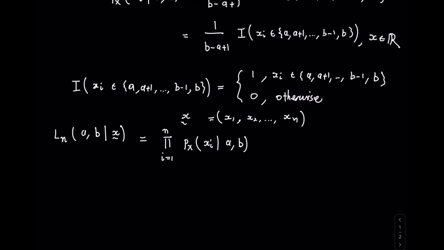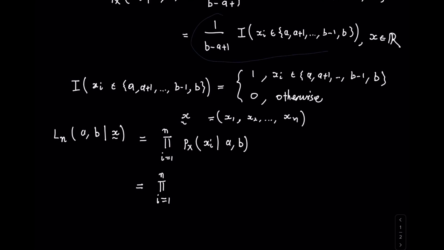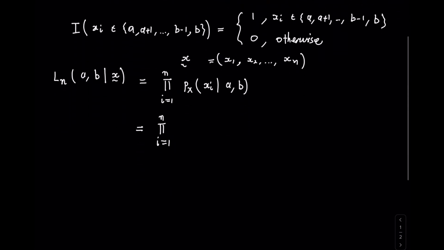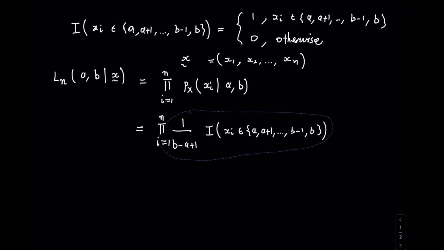Then this becomes equal to the product from i equals 1 to n, and now we substitute in the formula that we had above. Copy that down, paste that in here.